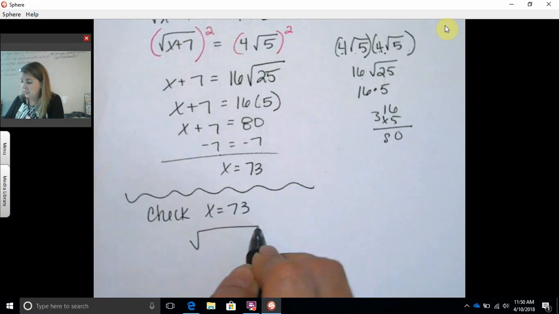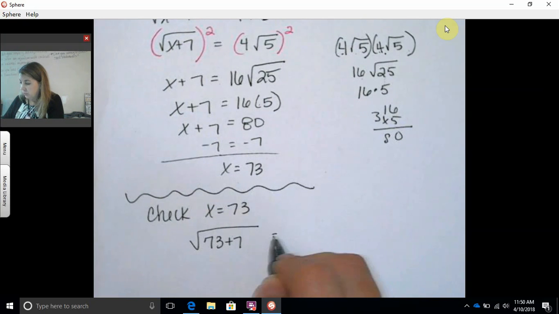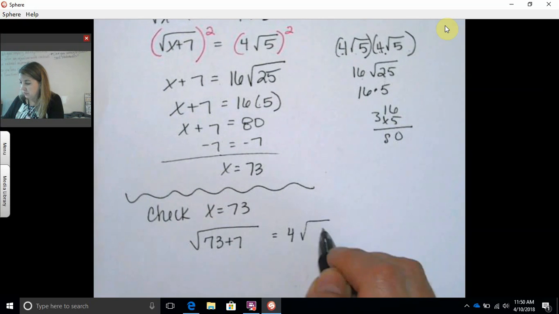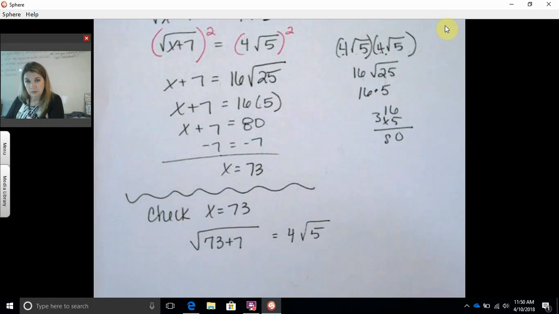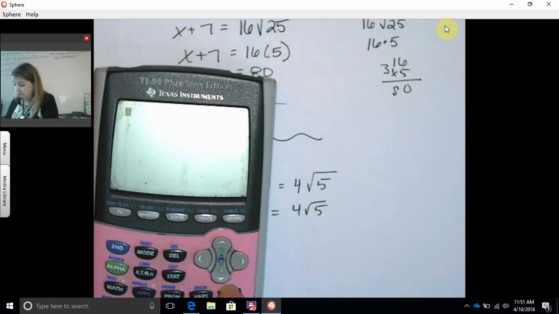I would have the square root of, instead of x plus 7, I'll put 73 plus 7 equals 4 times the square root of 5. 73 plus 7 is 80, so the square root of 80 equals 4 times the square root of 5. 80 is not a perfect square, so I'm going to put it in my calculator, see what I get.